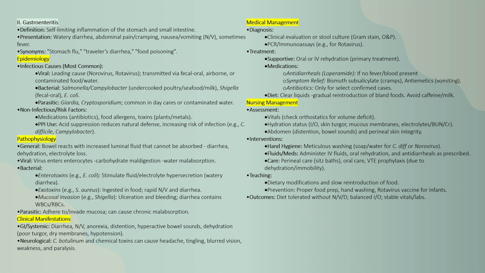Nervous system: some agents like botulinum, and certain chemical toxins can cause neurological symptoms such as headache, tingling, blurry vision, weakness, and paralysis.